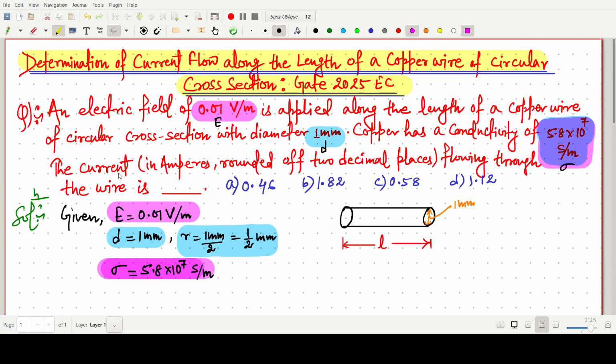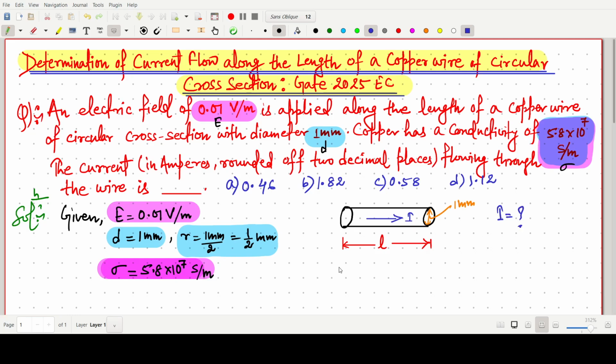So we have to find the current I flowing through the copper wire.